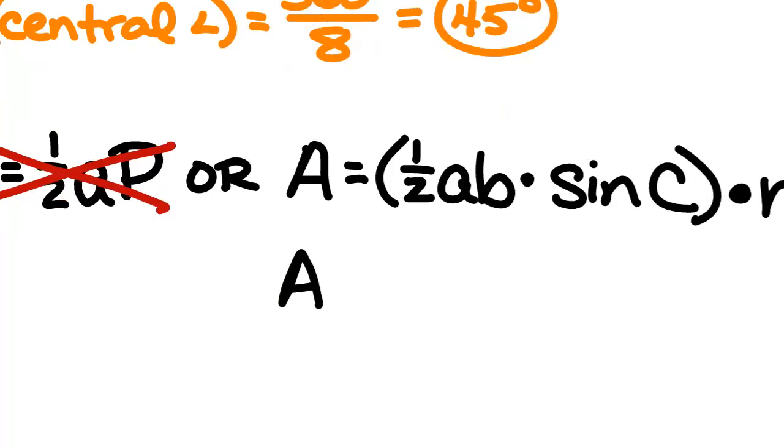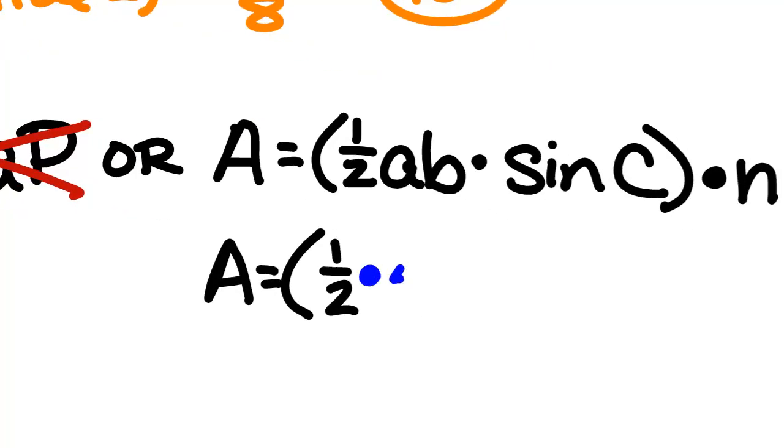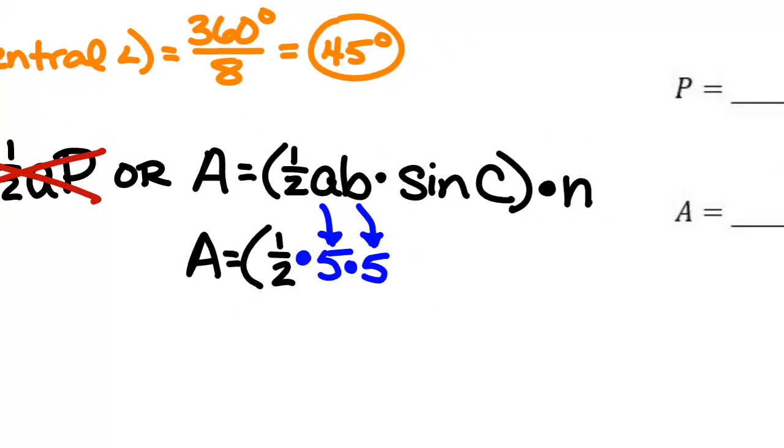So I have A equals 1/2. What goes in for A and for B? 5 and 5. Make sure that you substitute something in for each of those. When I was grading this test back a couple weeks ago, people were grabbing the radius, but they were putting one number in for 2 variables, like just a 5 instead of 5 and 5.